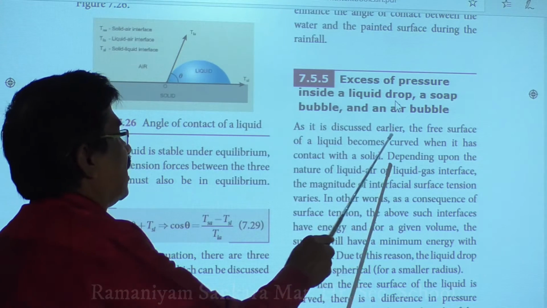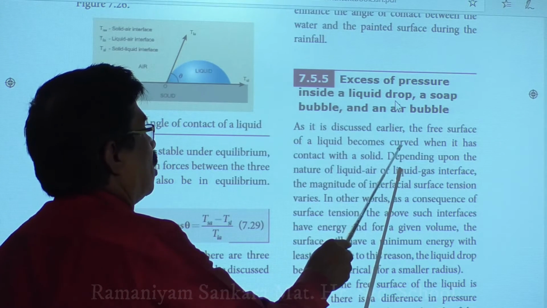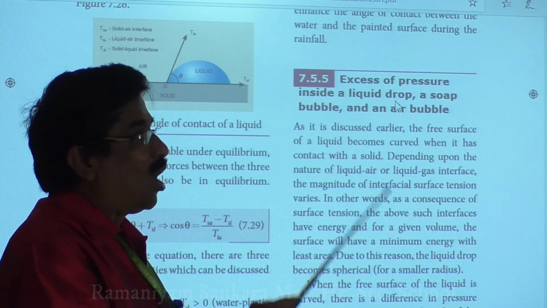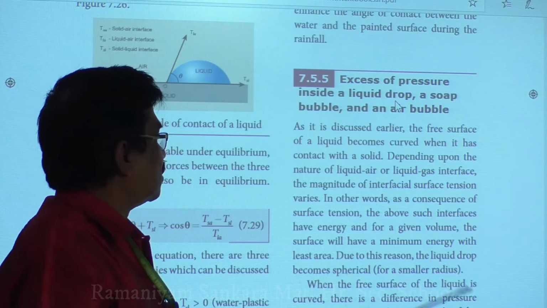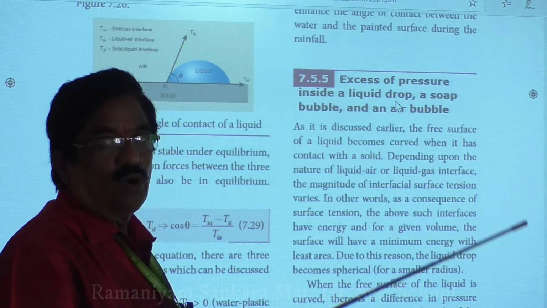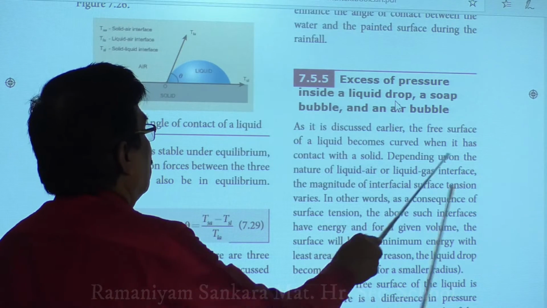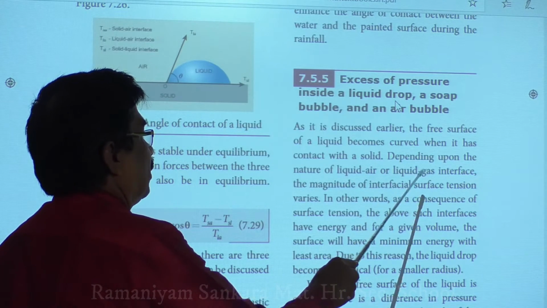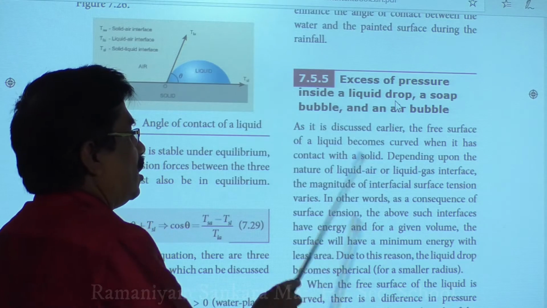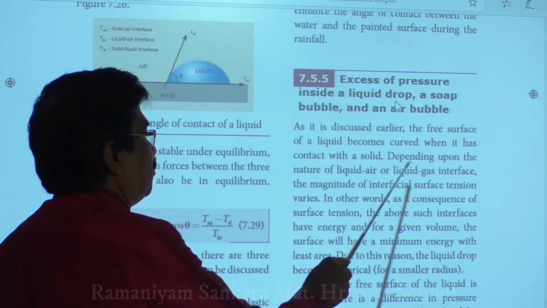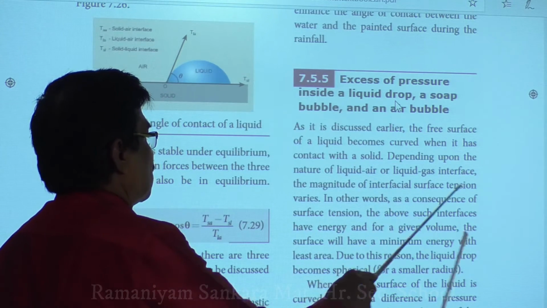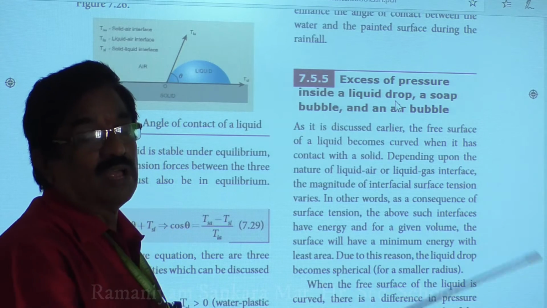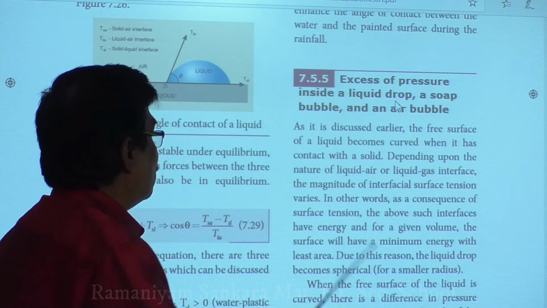As I discussed earlier, the free surface of a liquid becomes curved. Curved means, as I told you, upper meniscus or lower meniscus, convex upward or concave downward, depending upon the nature of the liquid-air or liquid-gas interface. You compare the liquid with air, liquid with gas. The magnitude of the interface surface tension varies. Magnitude means value.